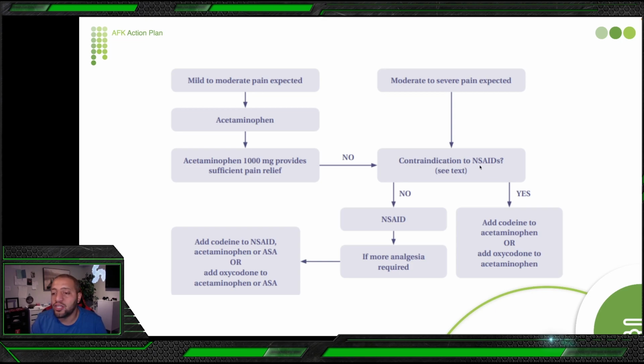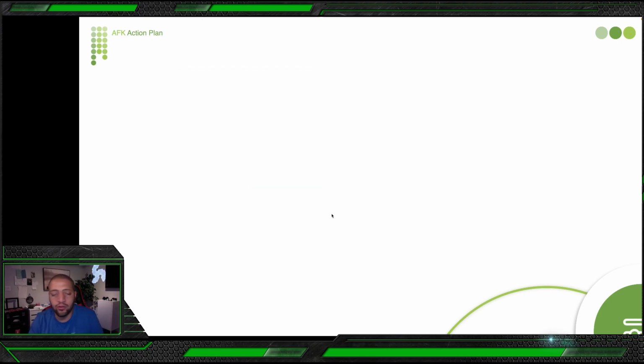So for this patient, is NSAID contraindicated at all? If it is, you cannot give it, so you give codeine and acetaminophen. If NSAIDs are not completely contraindicated, you can give NSAIDs and codeine together, okay? We never give our patient pure opioids as first line. We never do this, okay?